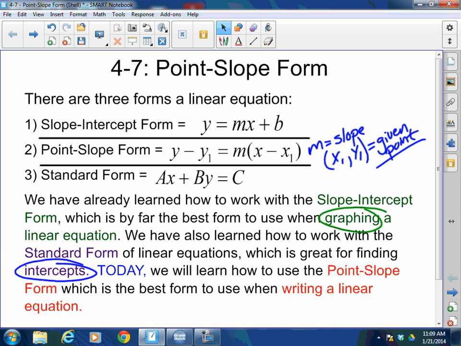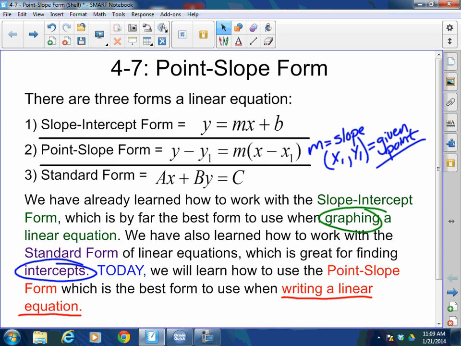And then today, we will learn how to use the point slope form, which is the best form by far when writing a linear equation. So slope-intercept form we usually use when we want to graph it. Standard form we use usually when we want to find the x and y intercepts. Point slope form is what we use when we want to actually find the equation.